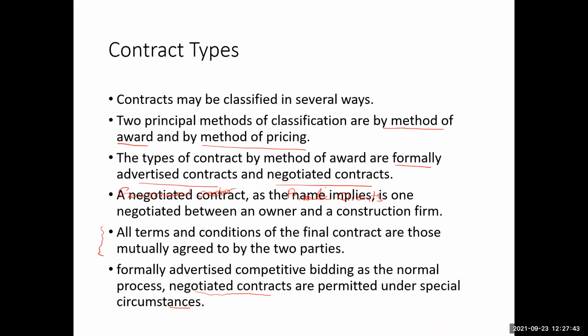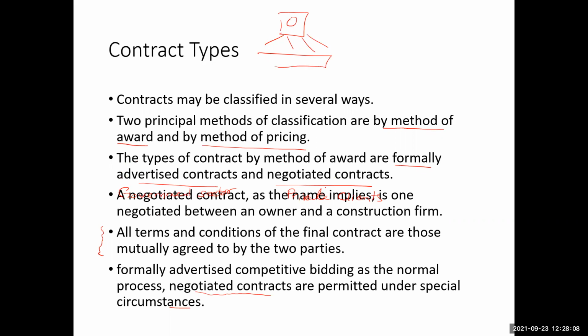Professor, I'm sorry. Please repeat again: what do formally advertised and negotiated mean? As I have said, formally advertised contracts are those in which you invite several contractors.